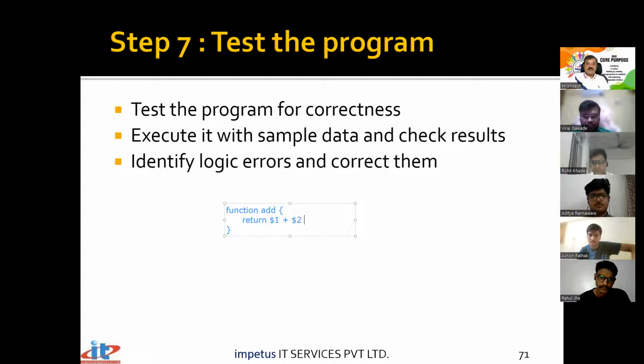Will I put this in square brackets? We'll echo, right? Return will cause an issue. I'll rather say echo, and if I put echo, then I'll also have to put this in. So I'll evaluate in this particular fashion. So I echoed this particular result, for those who are not aware of shell scripting.